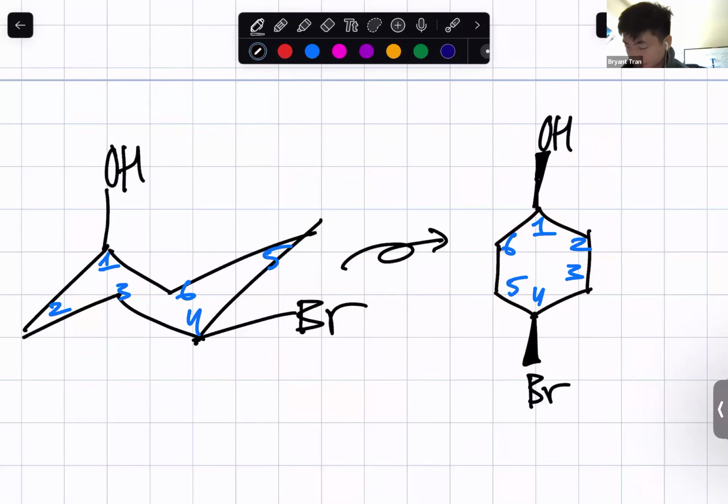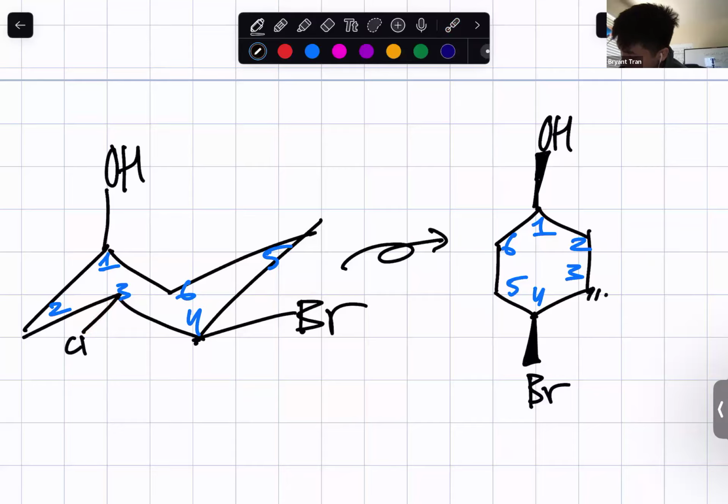Let's add this group, and then let's put chlorine right there. Now we see at carbon three, this chlorine is going to go down, meaning that it's going to be a dash.